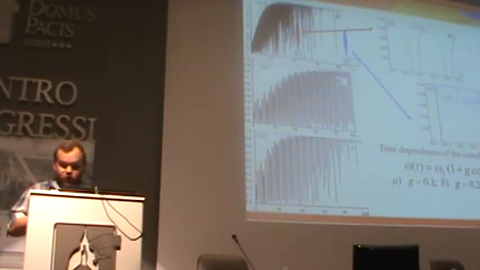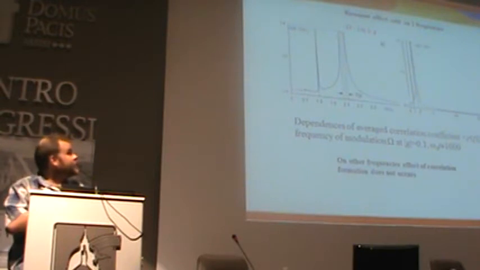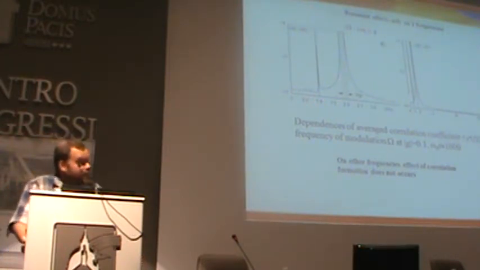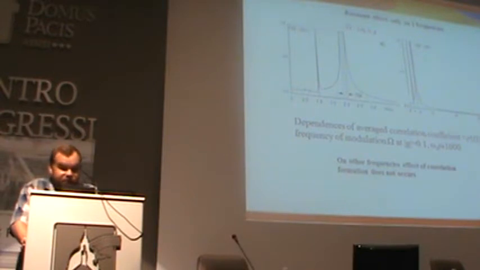And it was shown that for such a system, the greatest efficiency is when the frequency of modulation is either equal to the frequency of the oscillator or 2 times greater. This is the dependence of the averaged correlation coefficient on the frequency of modulation. On other frequencies, the effect of correlation formation does not occur.